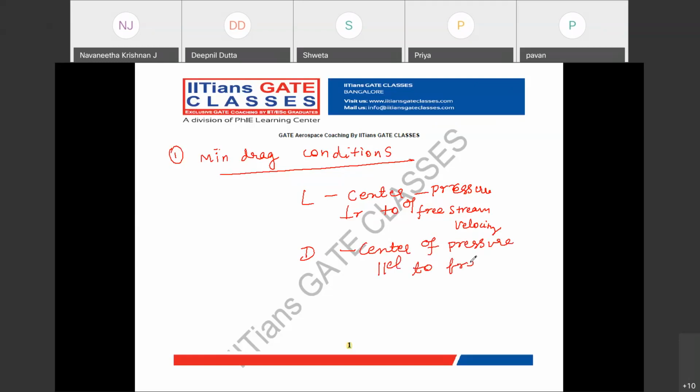It is opposing the aircraft motion. Third force is thrust, which is acting at the engine center line. Last force is weight, which is acting at the CG.